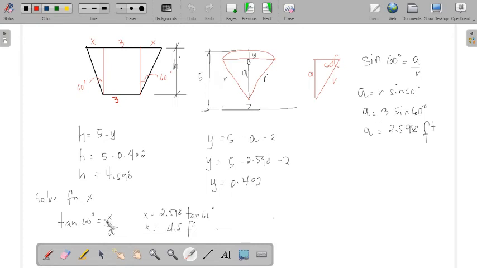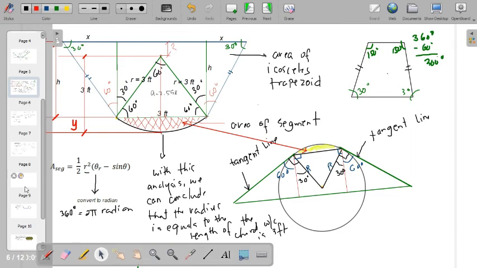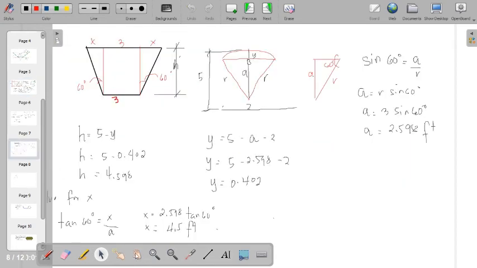So, x, pwede natin gamitin ang tangent, our x, by solving this triangle. Okay, let's go and solve this. So, we are going to change this to h, okay?